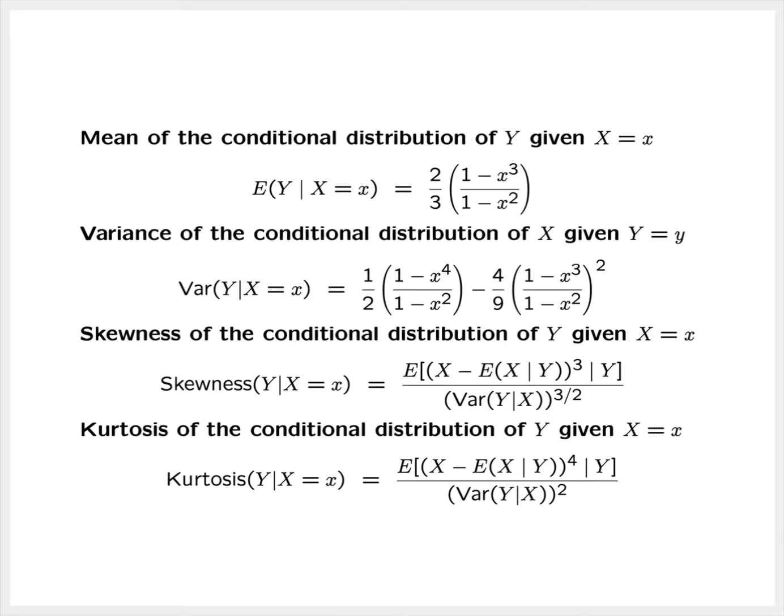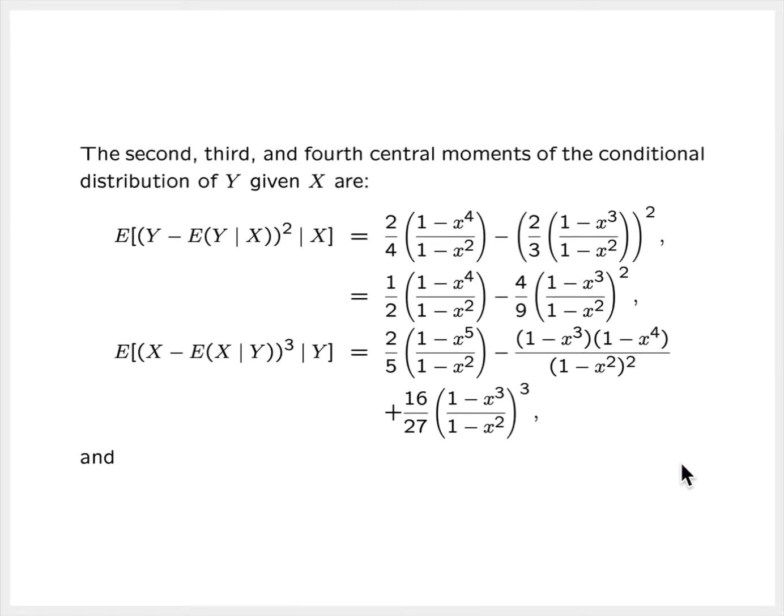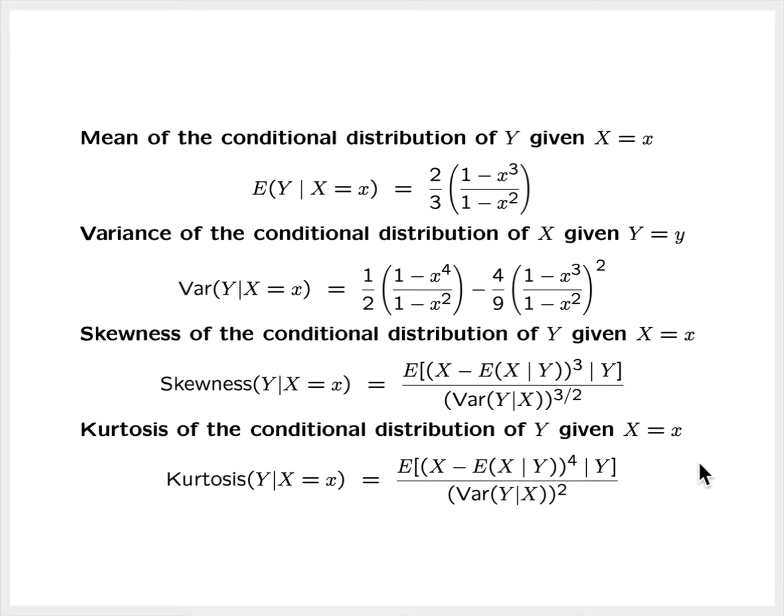But obviously we could use these formulas to calculate the particular central moment that we need for a given value of x, and then use these formulas to get the skewness and the kurtosis for the conditional distribution of y given that particular value of x. We could also use these formulas in constructing plots, graphs of those quantities.